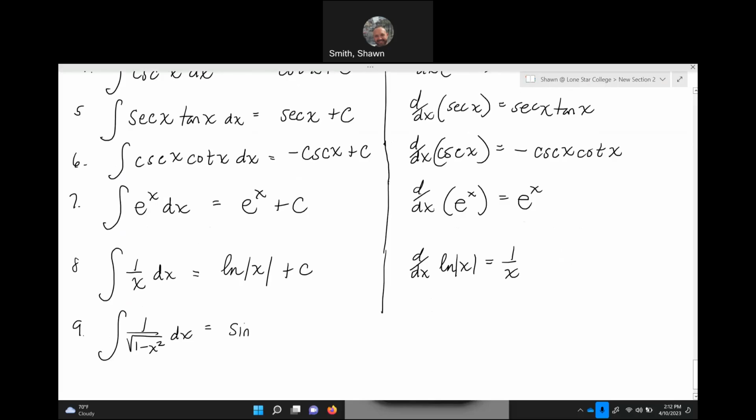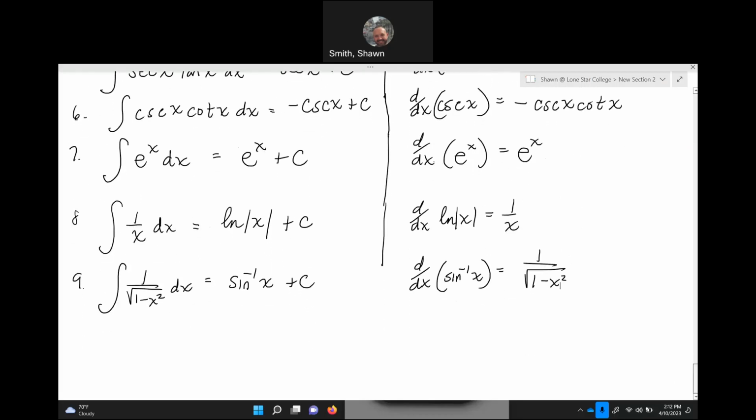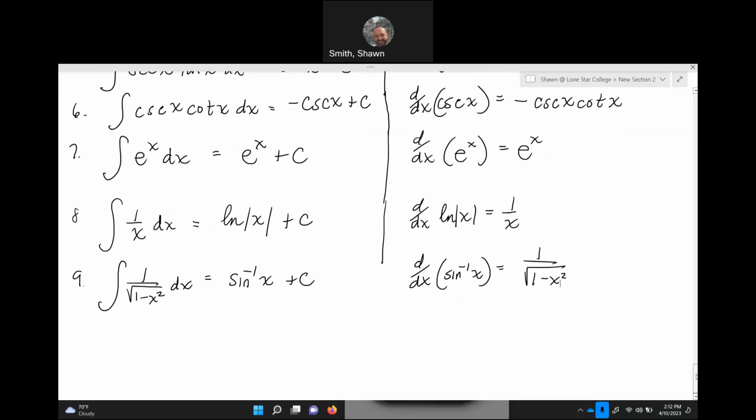That was the inverse sine of x. Number 10, inverse tangent.